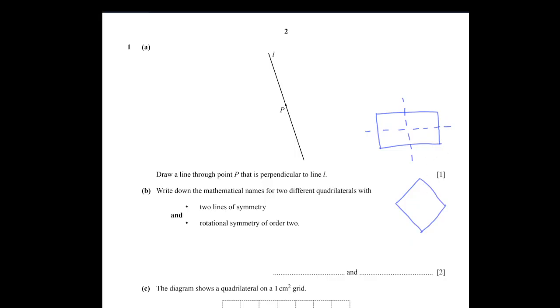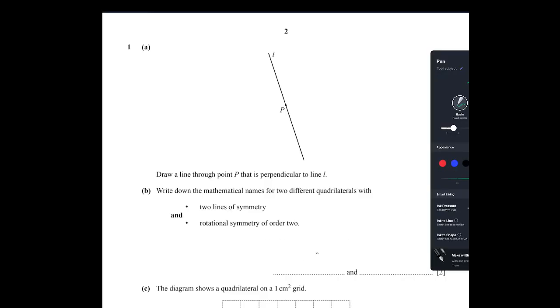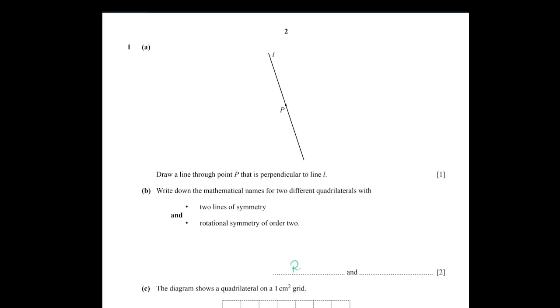So it is order 2. Rhombus has rotational symmetry of order 2, and rectangle has two lines of symmetry. So here you have to write the answer: rectangle and rhombus.